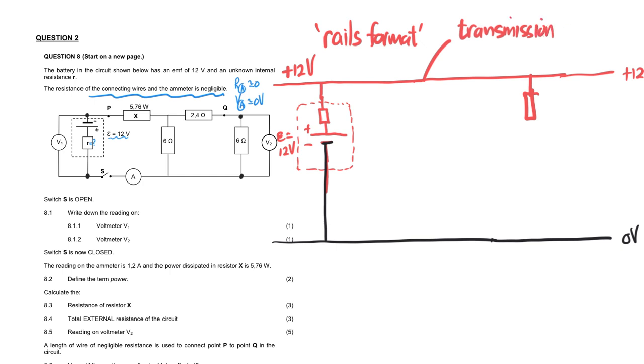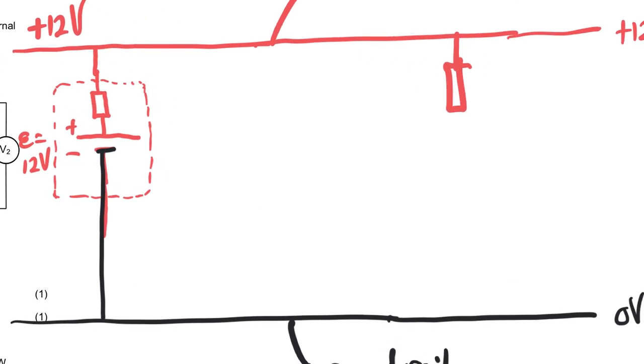There's a transmission rail, and then there is a ground rail. And between these 2 rails, there's a drop in voltage. And that's why we put the resistors between the rails. It requires us redrawing it. So we go through this resistor X. So there's resistor X.